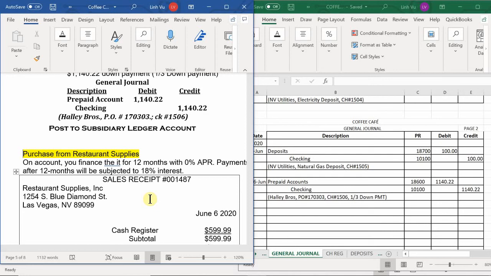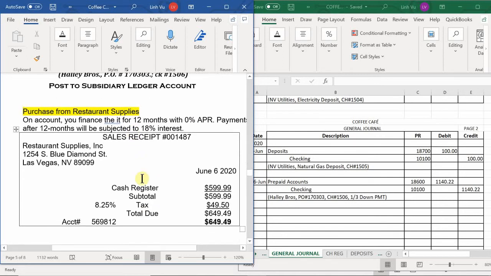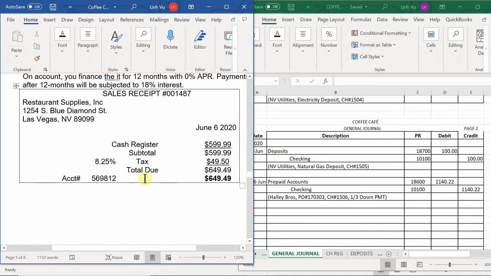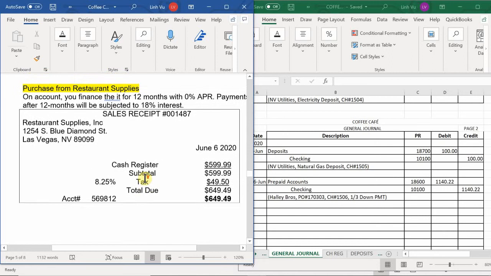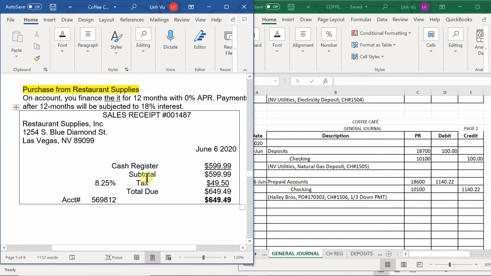Payments are going to be due after 12 months, and will be subjected to an 18% interest. So we went to restaurant supplies, bought a cash register and financed it. So this is where we have financing.